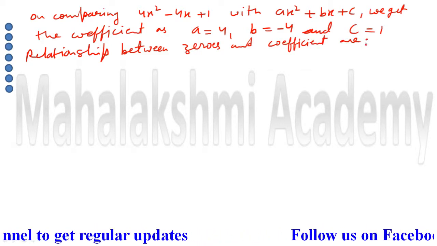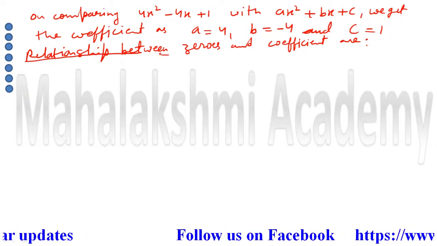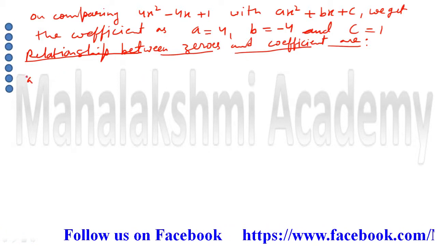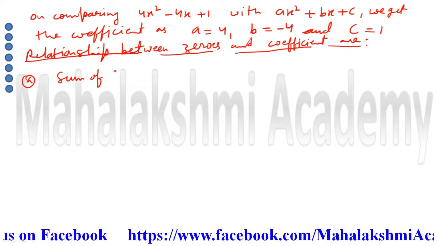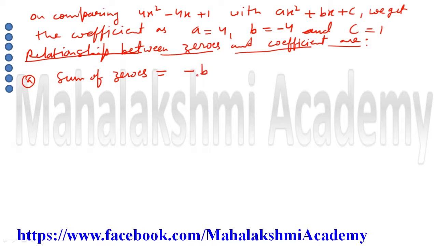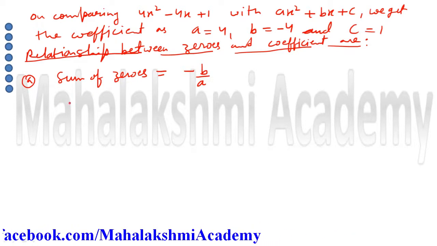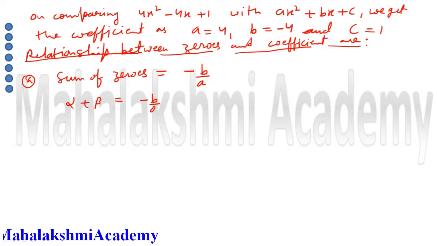There are two relationships, students. The first relation is sum of zeros is equal to minus b upon a. So this is our first relationship. So sum of zeros means alpha plus beta is equal to minus b upon a.